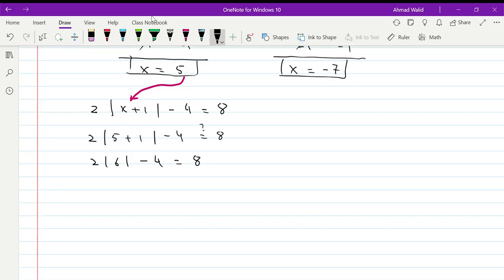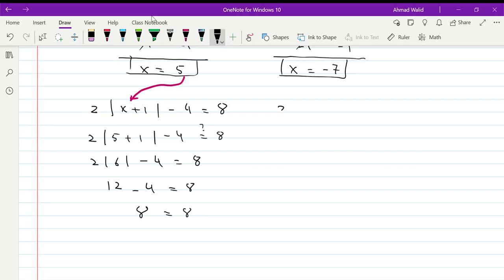Before multiplying, you have to remove the absolute value. Absolute value of 6 is 6. 2 times 6 gives you 12. Minus 4 equals 8. 12 minus 4 gives you 8. 8 is equal to 8. Correct?